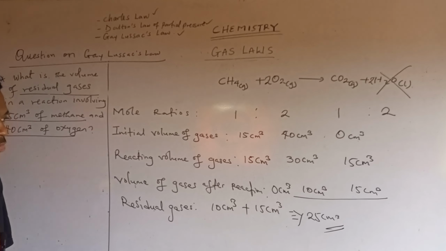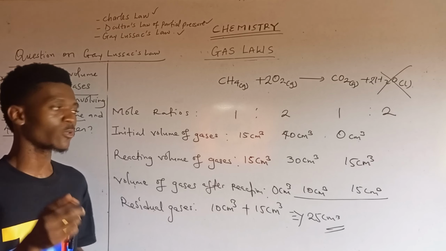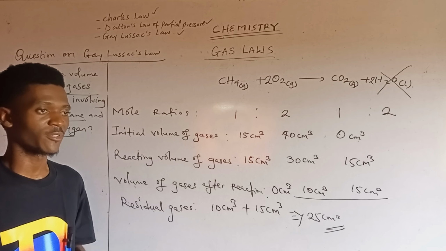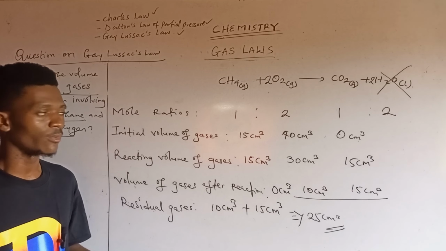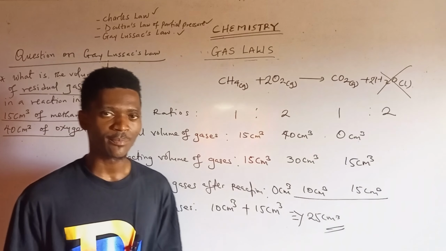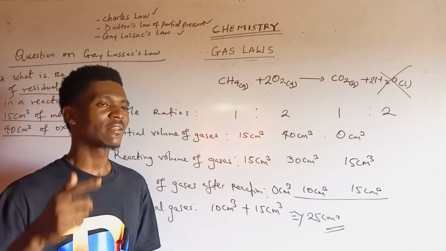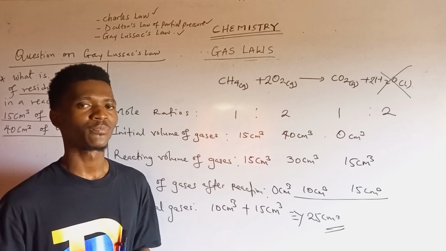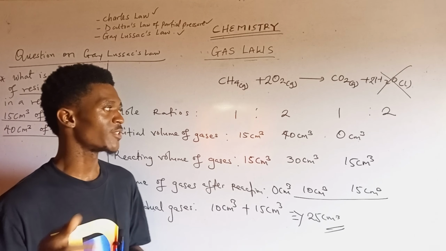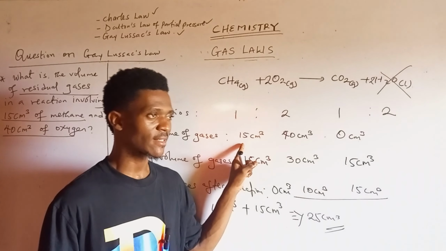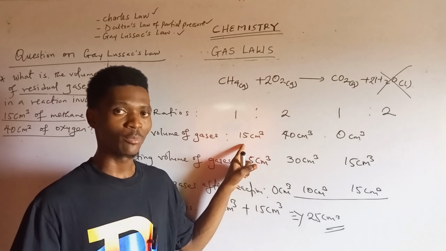So is that easy? The secret of understanding this concept very well is by rewatching the video. But mind you, let me give you this tip. Always work with the gas with the lower volume as your standard. Because if you check, I worked with the gas with the lower volume as my standard.